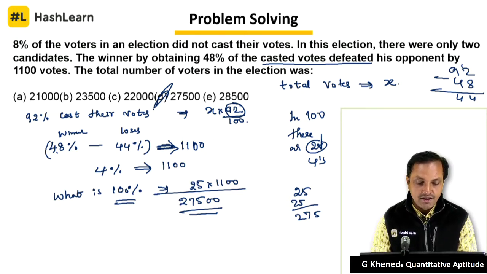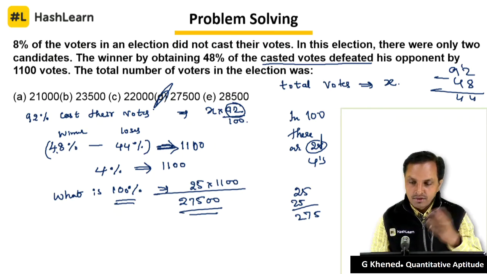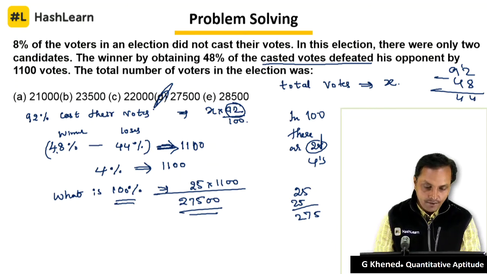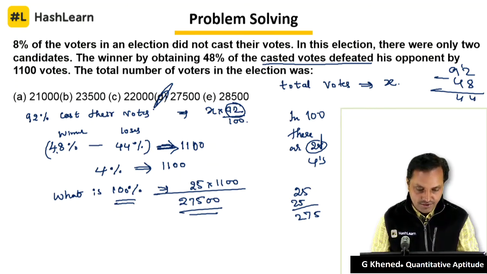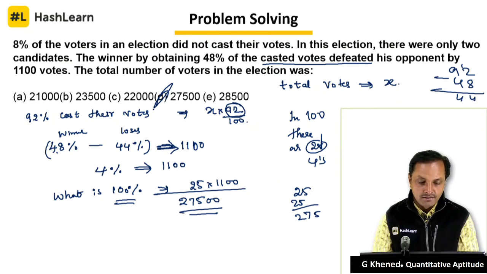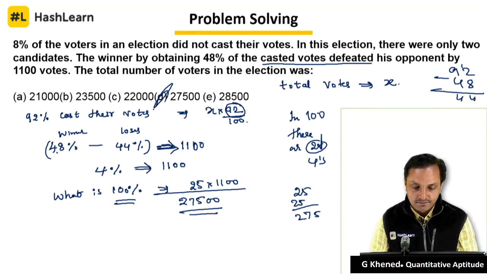Winner is 48% and loser is 44%, because 92 minus 48 is 44, and the difference in votes is 4%. The 4% implies 1100 votes, then what is 100% of the votes? Okay, fine. Let us go to the next problem.